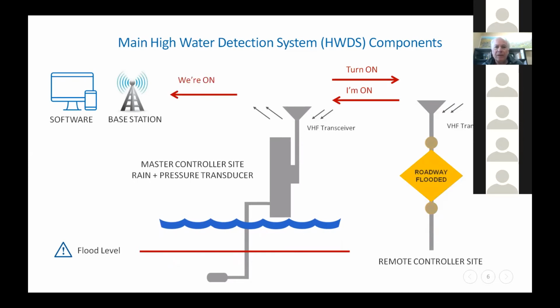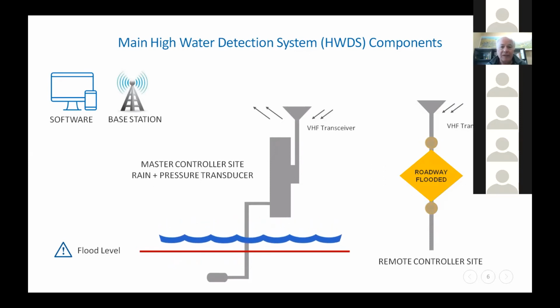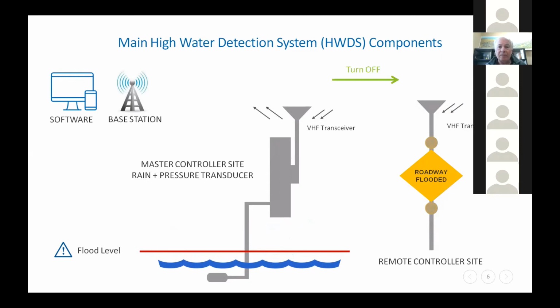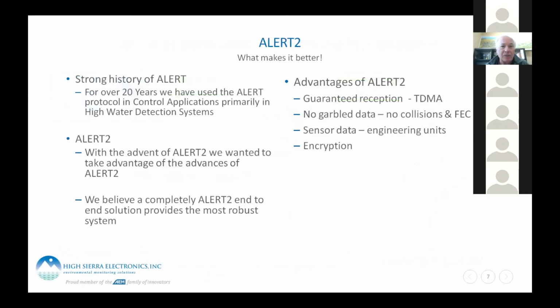The master transmits to the base station, and the software gets a message, likely sending out alerts to various people. Level goes down, the message to turn off is sent, it responds, and again the reverse happens, and the system is deactivated.